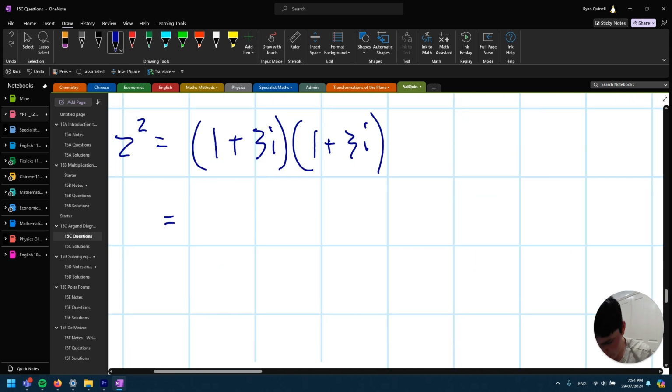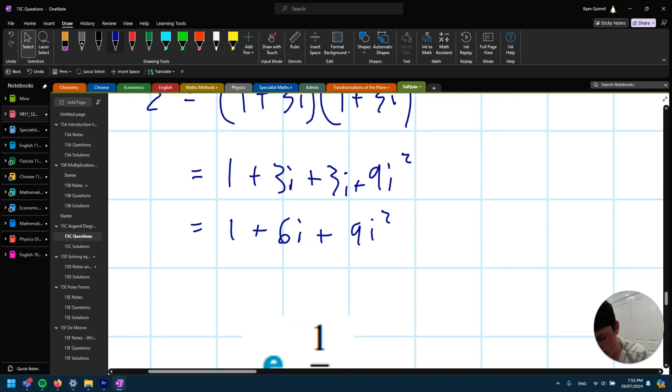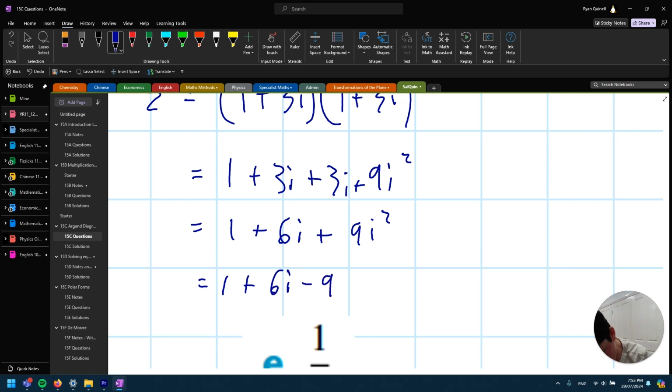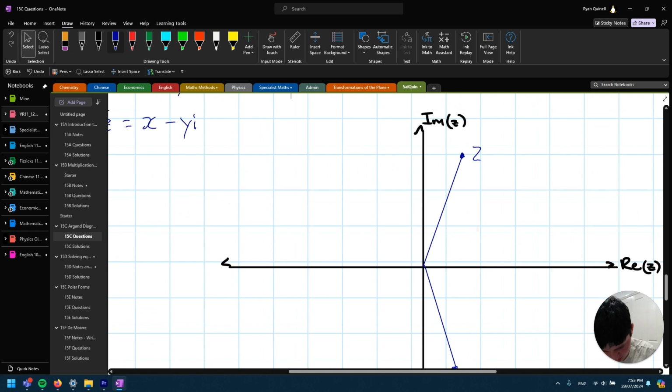Now we need to expand the brackets. 1 times 1 is 1, plus 1 times 3i, which is 3i, plus 1 times 3i, which is 3i, and then 3i times 3i is 9i squared, equals 1 plus 6i plus 9i squared. Now what is i squared? Negative 1, so 1 plus 6i minus 9, equals negative 8 plus 6i.